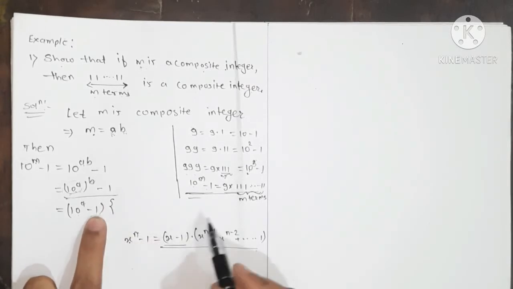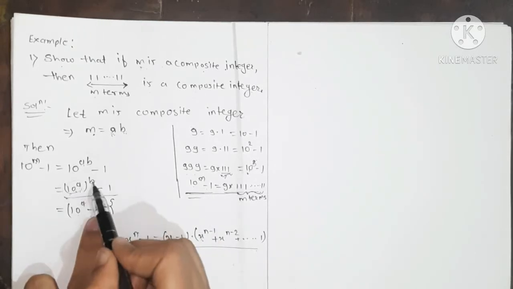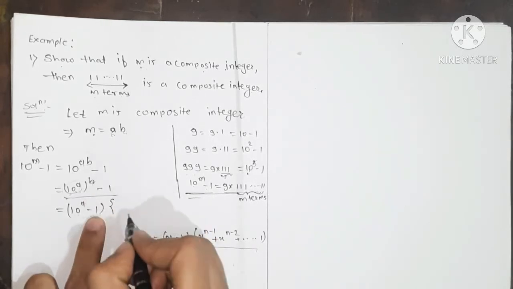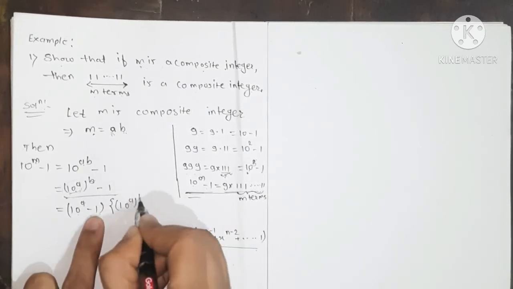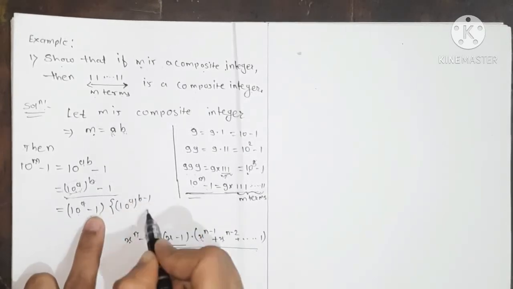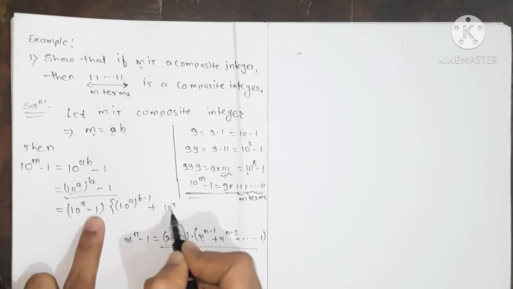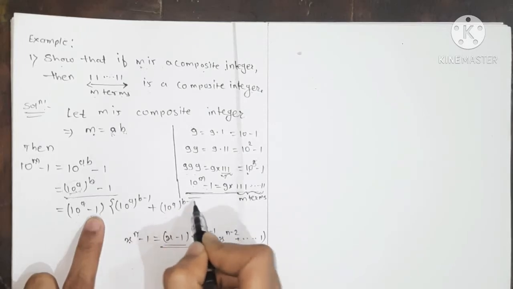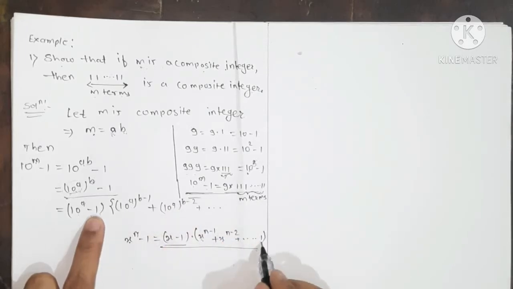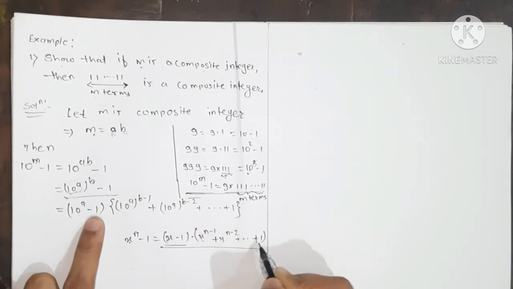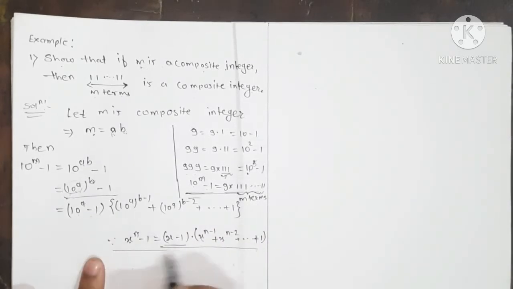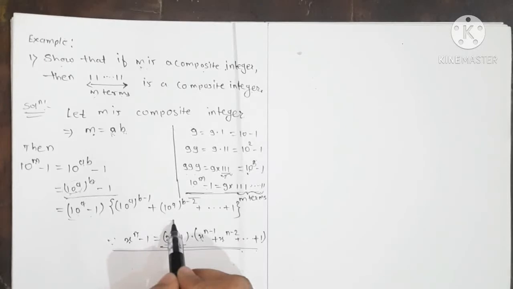The next term has power n minus 1, here b minus 1. So it is 10 to the power a to the power b minus 1, plus 10 to the power a to the power b minus 2, plus and so on. The last term is plus 1. So using this formula we get this.